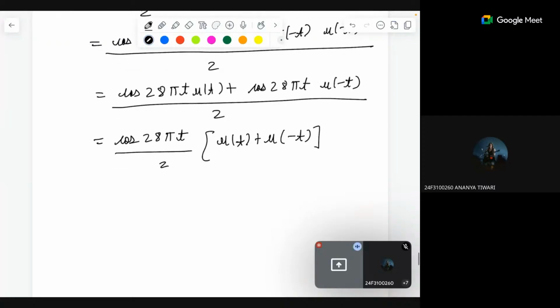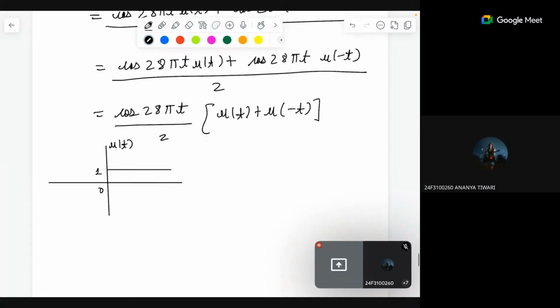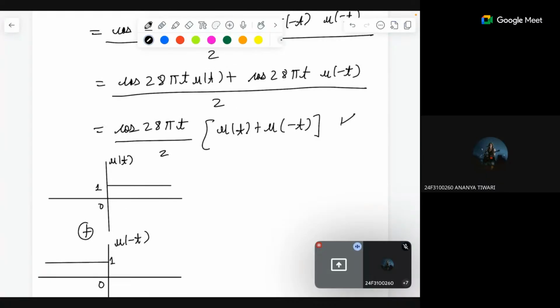So let us quickly draw it and see what we will have. What is this? Tell me. u(t), right? This is u(minus t). Is this clear? Yes, ma'am.